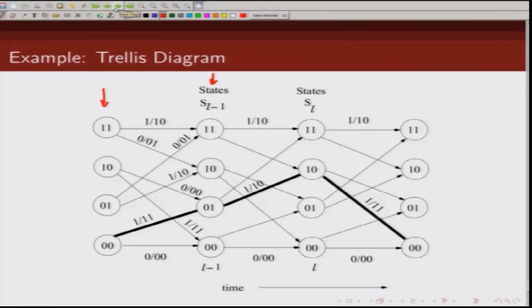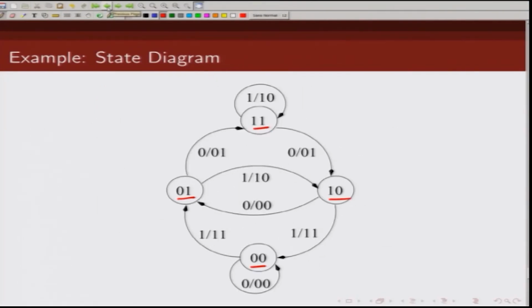Next, we draw a state transition from each state to the next state, provided there is a valid transition. So, we are going to map all these state transitions into the diagram that we just showed. Let us take this example. We are in 0 0 state and we get a 0. The output is 0 0 and we remain in state 0 0.